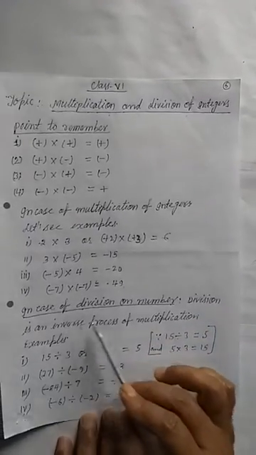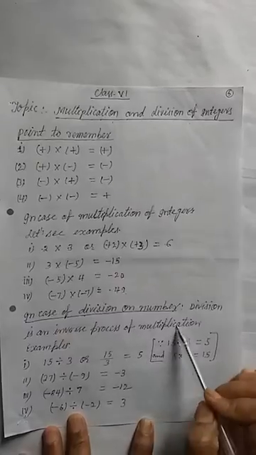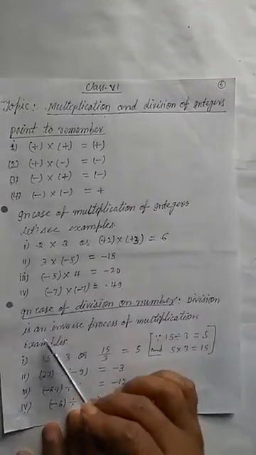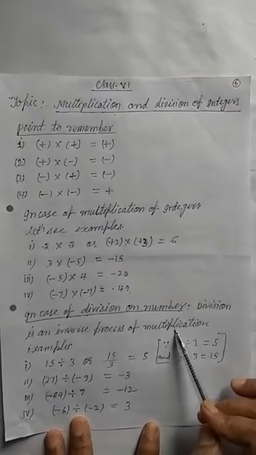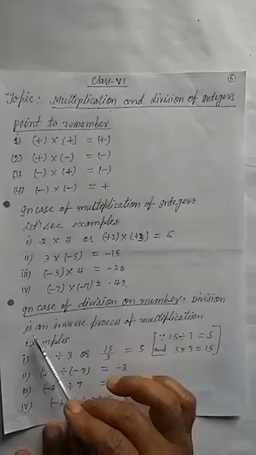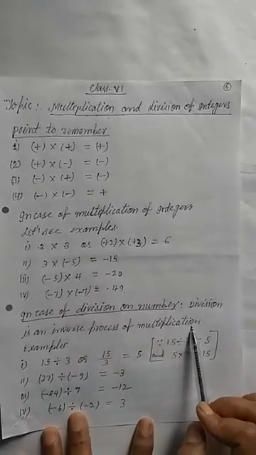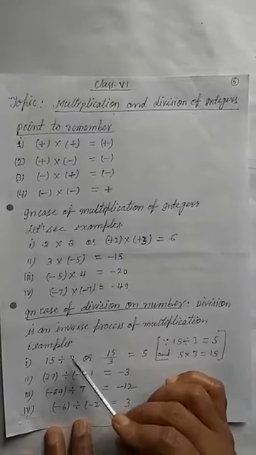Now in the case of division of numbers, first of all, what is division? Division is an inverse process of multiplication, just like subtraction is the inverse of addition. Keep this in mind. Now let us understand by example.